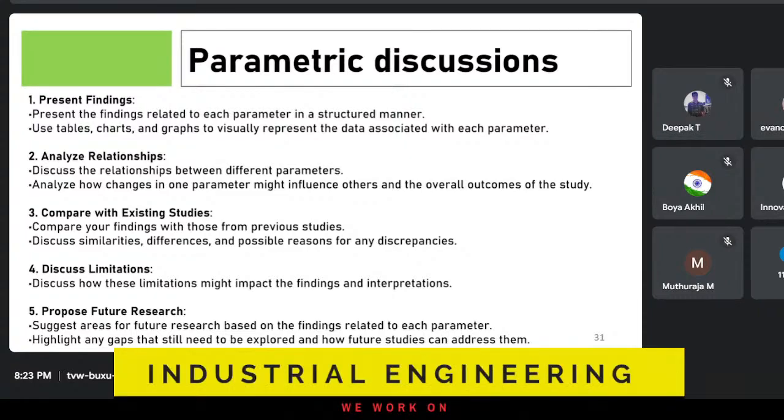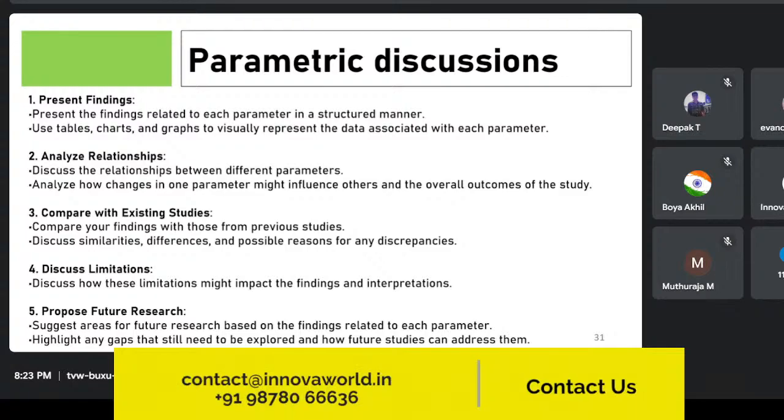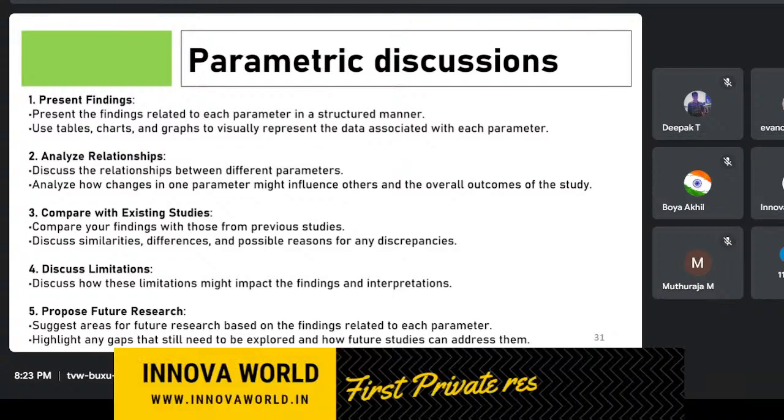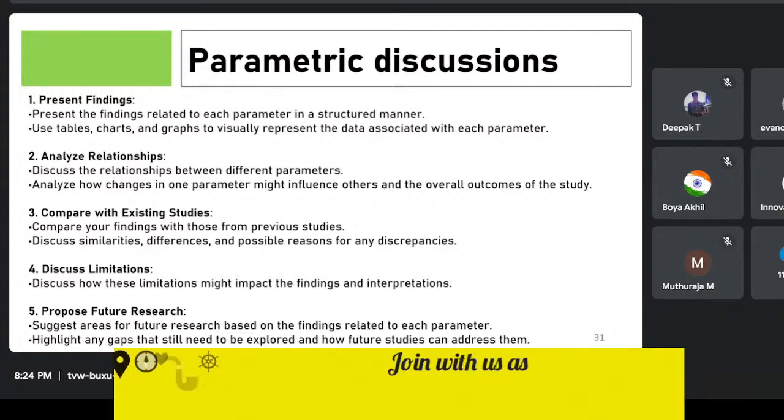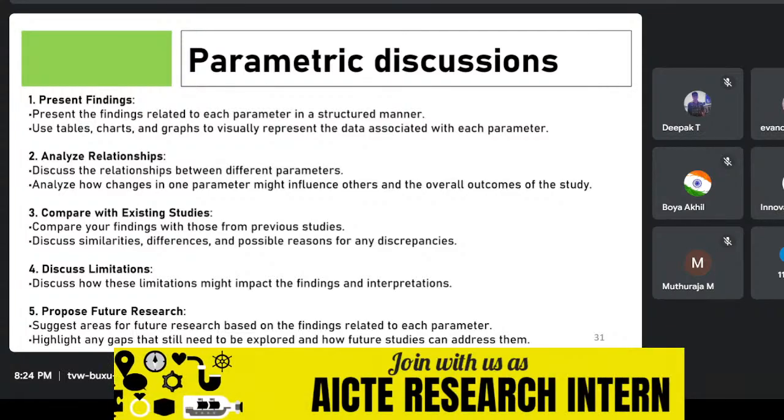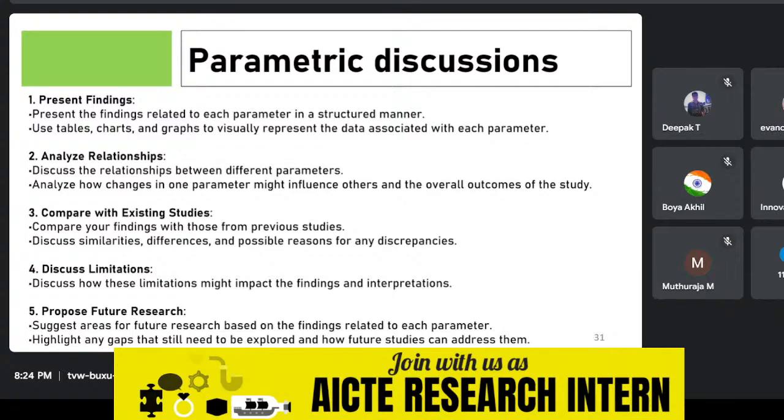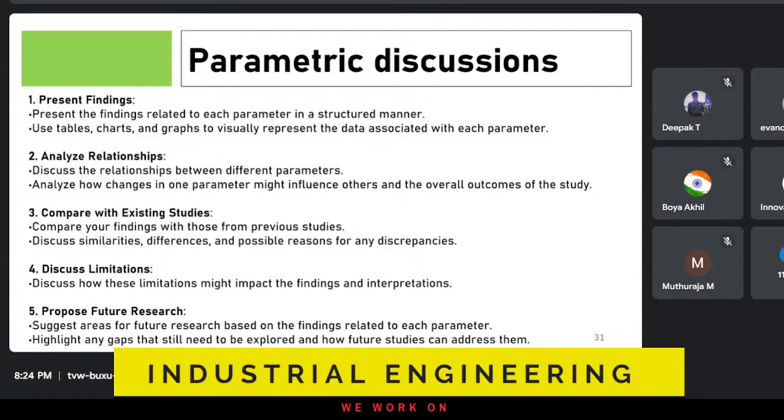Second is analyze the relationship between the parameters. I will show you an example how to do it. Then compare with the existing study, as I have shown with Topsis, Mura method, or any other method, what are the discrepancies or how they are different with one another, and this will be shown in a graphical representation. I will show you an example also.